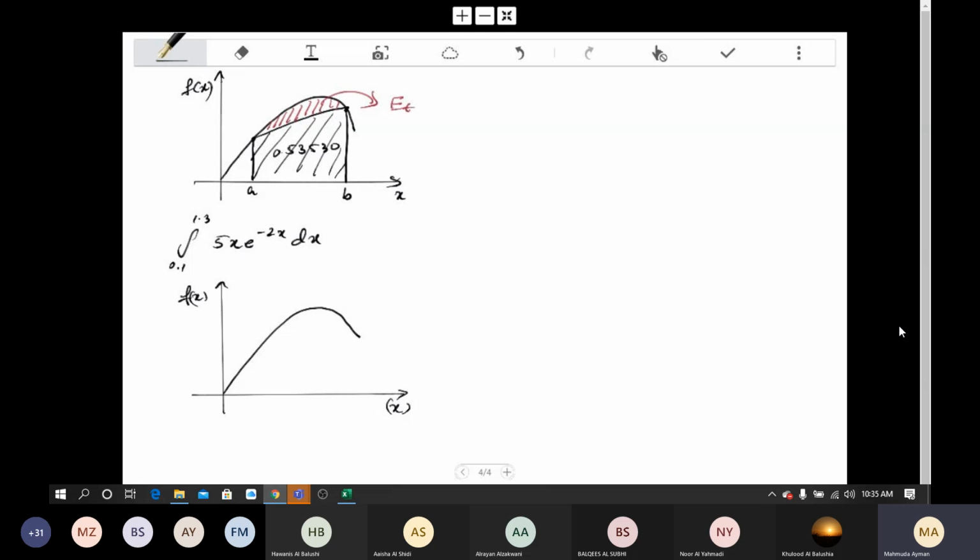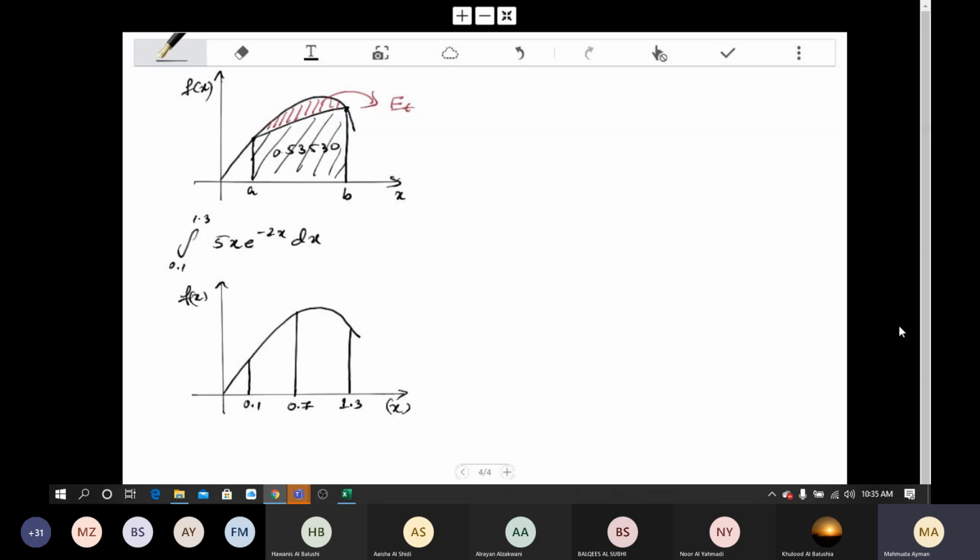And again, we have to integrate it from 0.1 to 1.3, right? So let's take another segment, so we come halfway in between here, which is 0.7, and if we draw another line, now we have divided this into two segments.